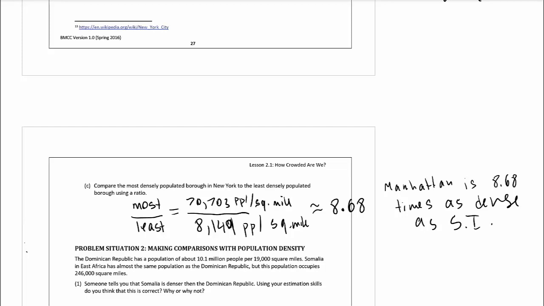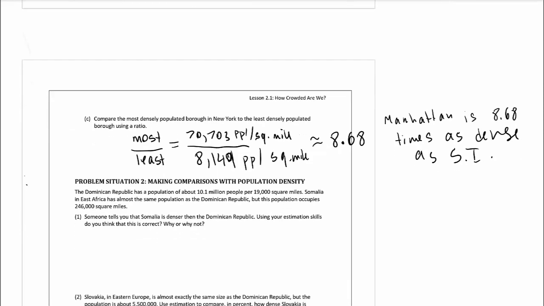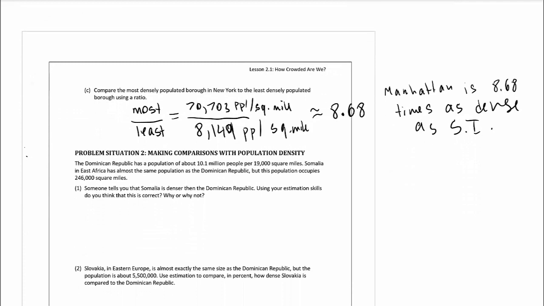So the word times is used. Or you can say the density of Manhattan is 8.68 times the density of Staten Island. Okay, so that's how many times more crowded it is than Staten Island.